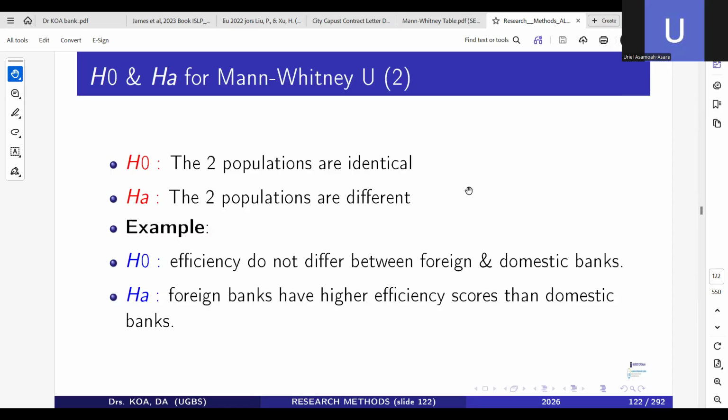That's how you have written it. Foreign banks have at most the efficiency of domestic banks. Do you know that the at most here is the same as less than or equal to, which is what most of you are trying to say? Do you know that? Yes. So that is how ordinarily it would have been.